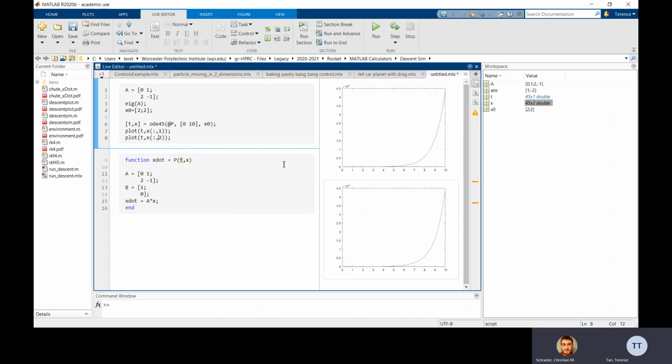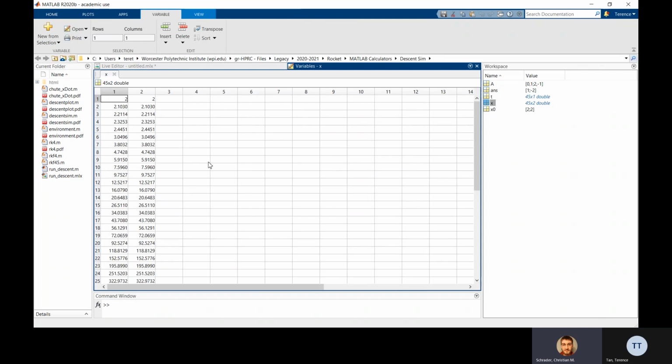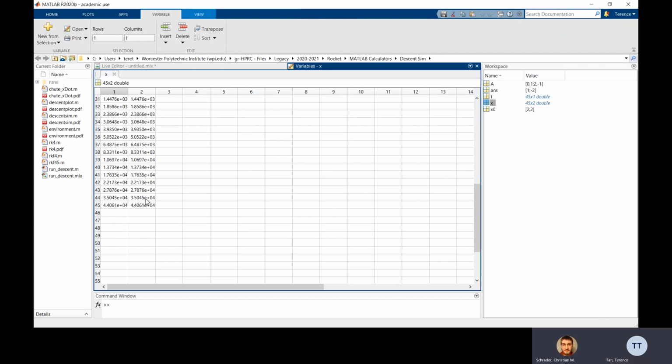There we go. Yeah. They move in very similar ways. They move in identical ways. Wait, hold up, you put them on the same plot. They're identical.